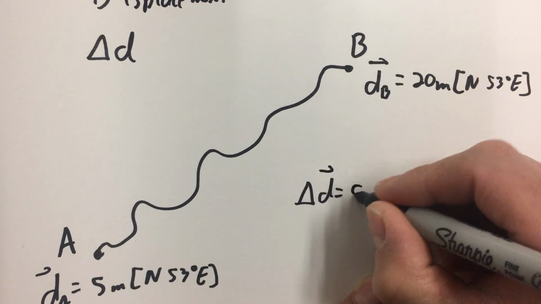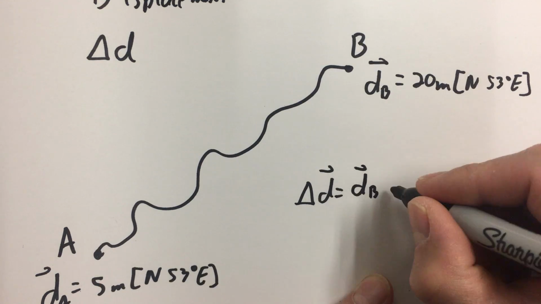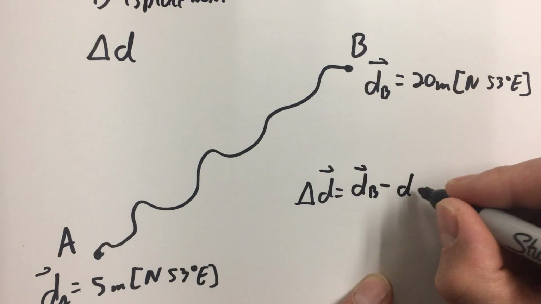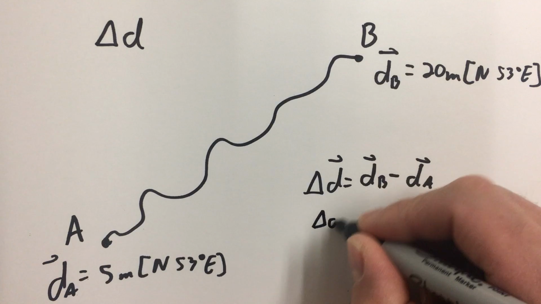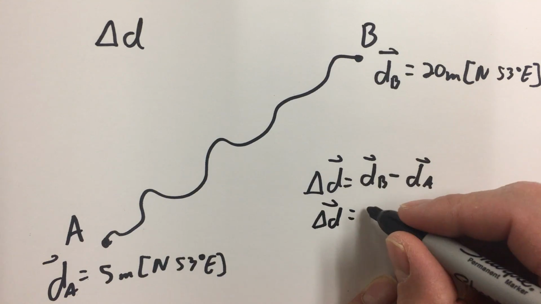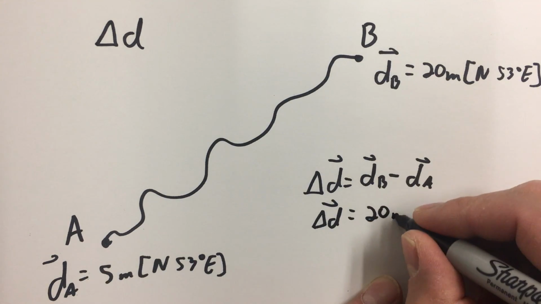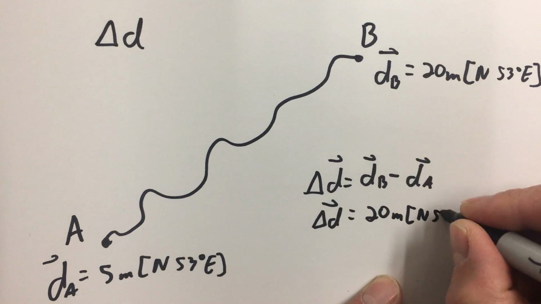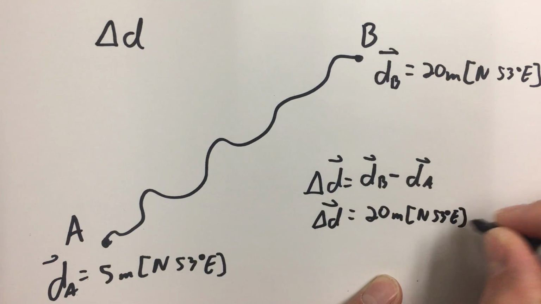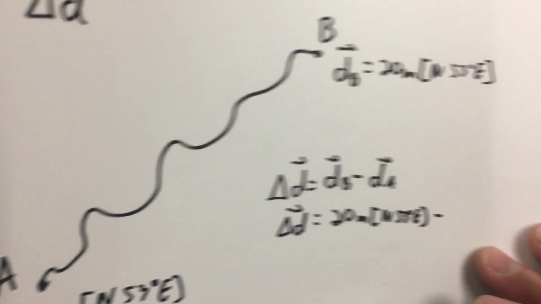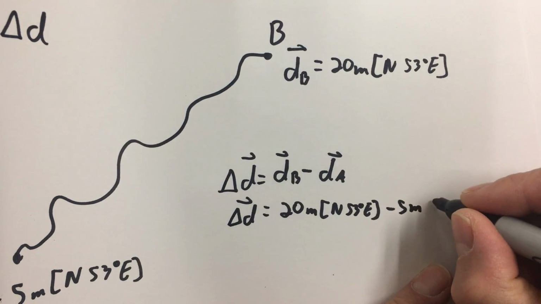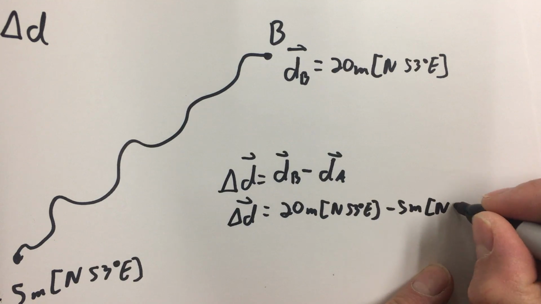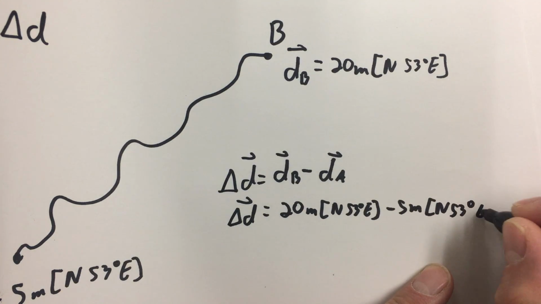So the displacement is the final position minus the initial position. Your displacement is a final position of 20 meters north, 53 degrees east, and from that, we're going to subtract our initial position of 5 meters north, 53 degrees east.